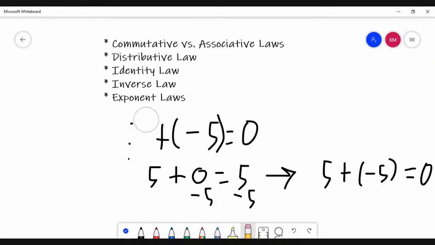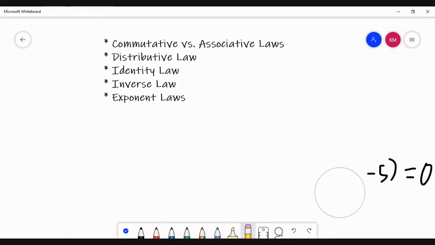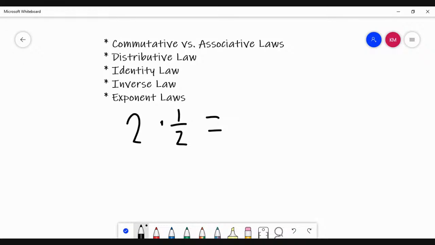Now, the inverse for multiplication is, if I have 2 and I multiply it by 1/2, it should equal 1. So the inverse states that if I have a whole number and I multiply it by its flipped fraction, which would be 1/2, that should equal 1.